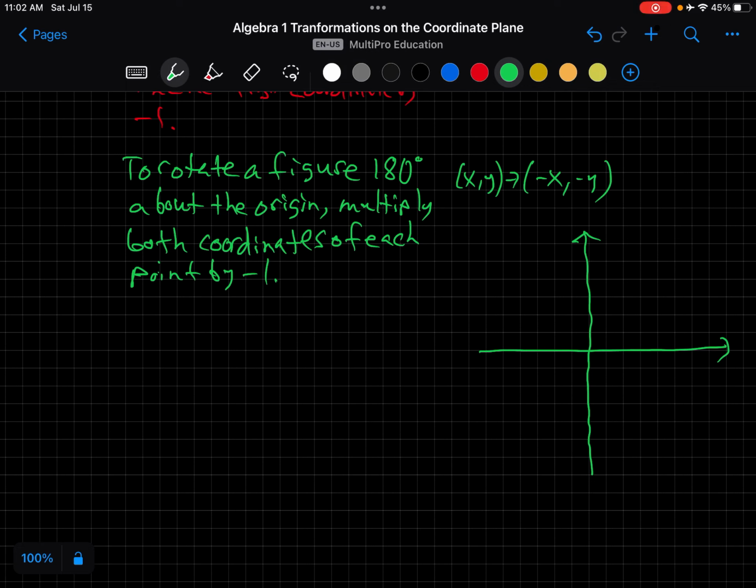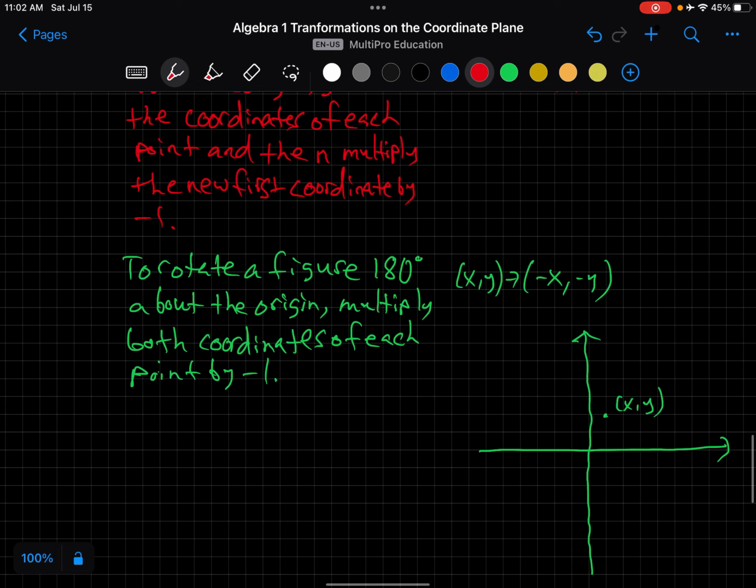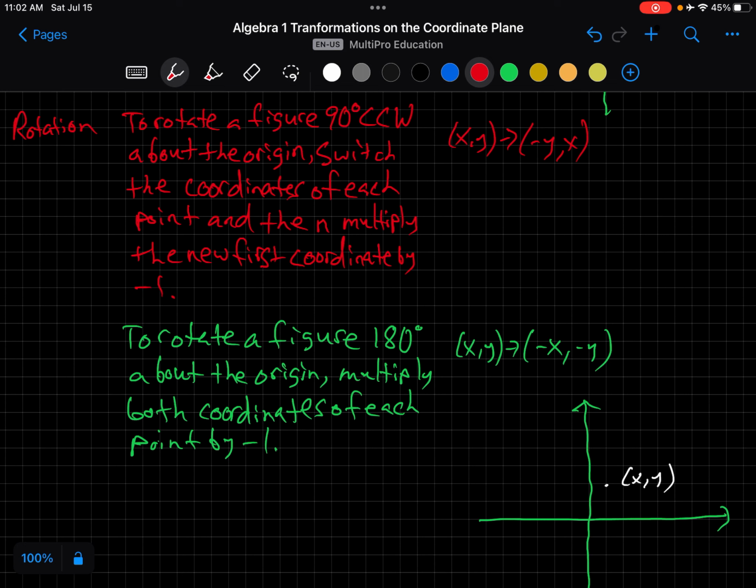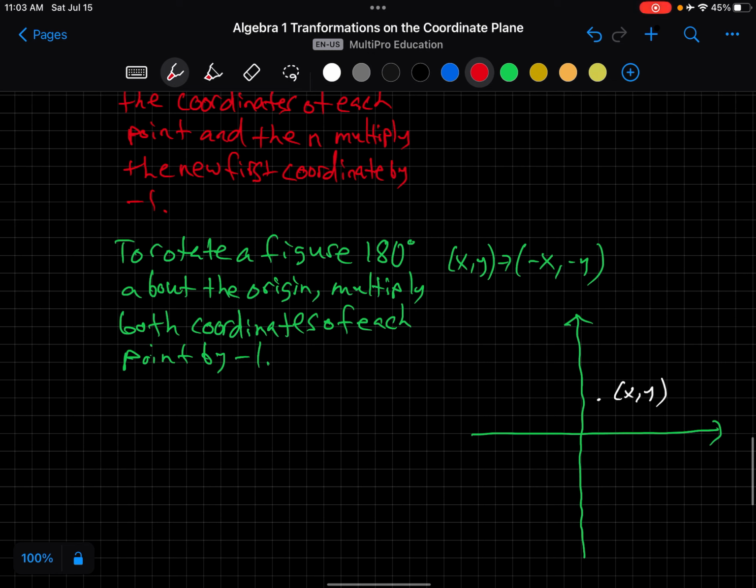I feel like my horizontal lines are much straighter than my vertical lines. Alright. Let's say that we start at 1, 2. And this is x comma y. Let me draw that in white, actually, to not confuse us. Alright, so then we're going to rotate 90 degrees counterclockwise about the origin. So x just moves over to the y, and then y gets the sign swapped and moves over to the x position.